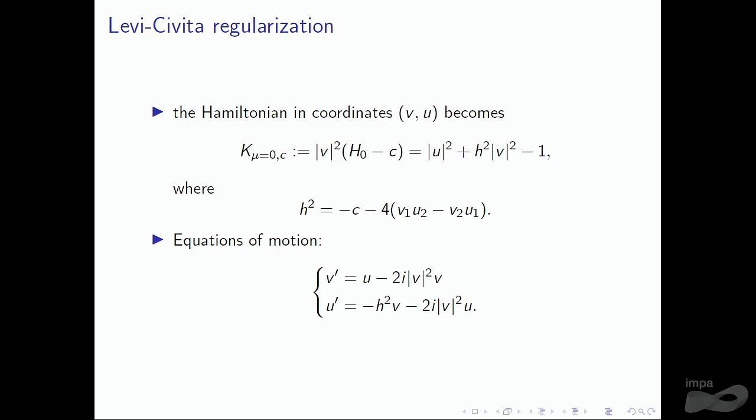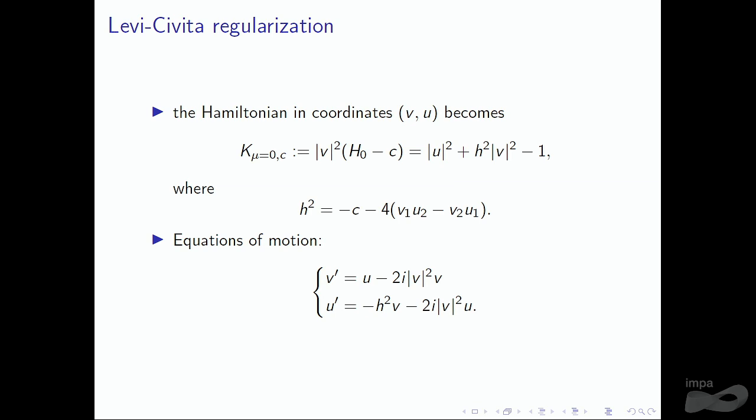It doesn't change the trajectories, it just reparameterizes the solutions. So it avoids those trajectories which go to infinity in finite time, and it regularizes it. And the new Hamiltonian, after you do all this procedure, takes this simple form here.